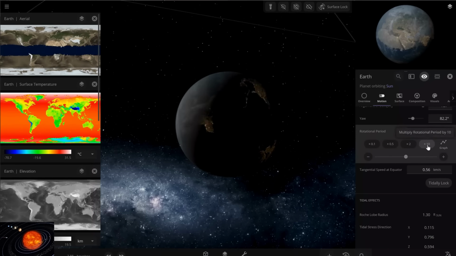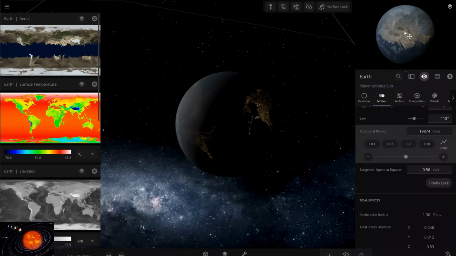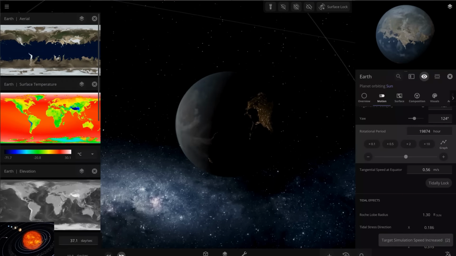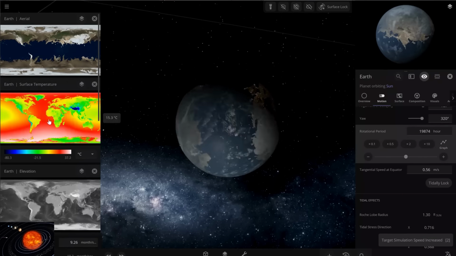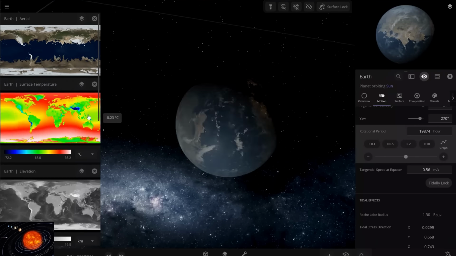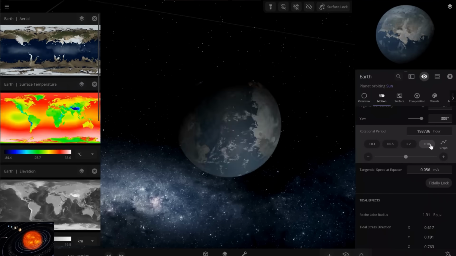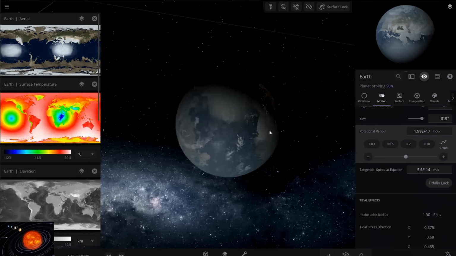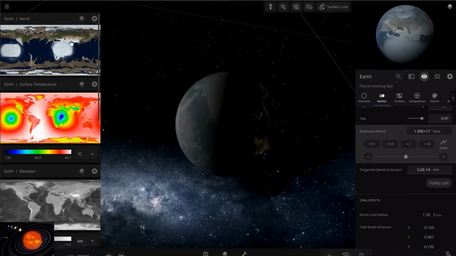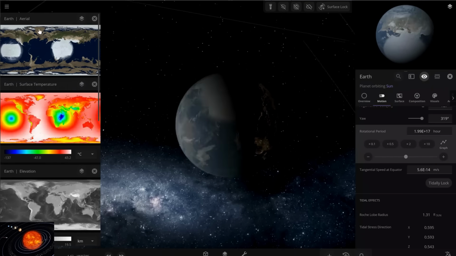Also, if you just increase it a lot, you can see the Earth has somehow stopped rotating. So one part of the Earth would be hotter and one part of the Earth would be cooler. I'm increasing the scenario speed so you can see the total surface of the Earth wouldn't be at the same temperature, because the day is so long now, and there are some parts of the Earth which are totally iced, and some parts which are hot.